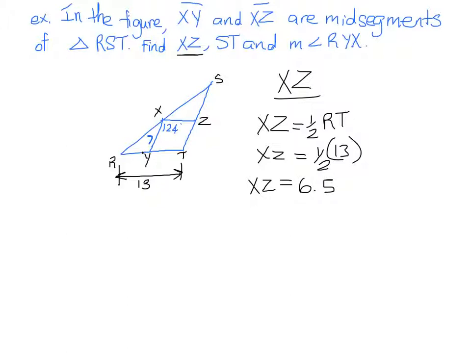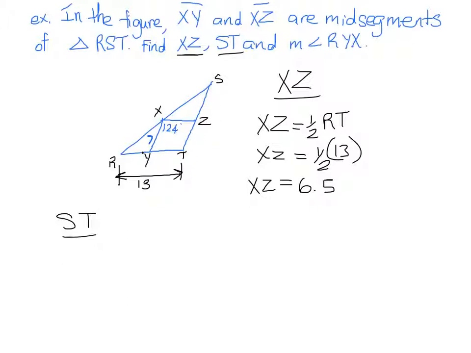Now we can find the next thing they ask for, which is ST. ST is located here. It is not a midsegment, it's actually a side of our triangle. However, we do know the midsegment that it's parallel to. The midsegment XY is 7. And we remember that the midsegment is half the length of the line that it's parallel to.